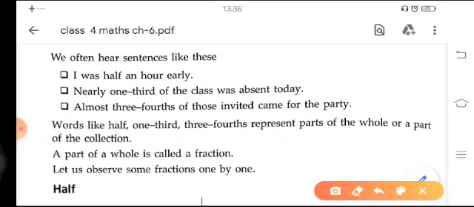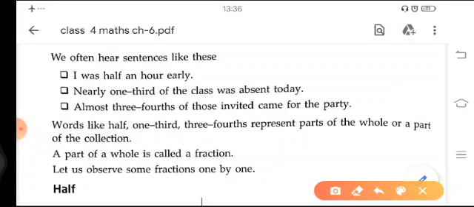Like half, one third, three fourth, they are showing us that such part of the work is completed, such part of the work I had done, right?